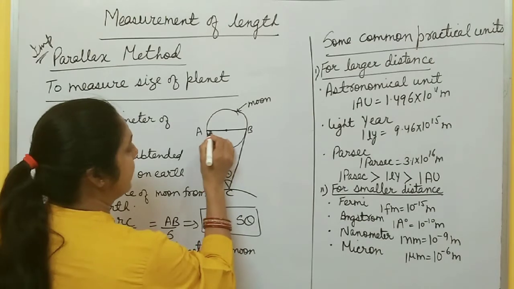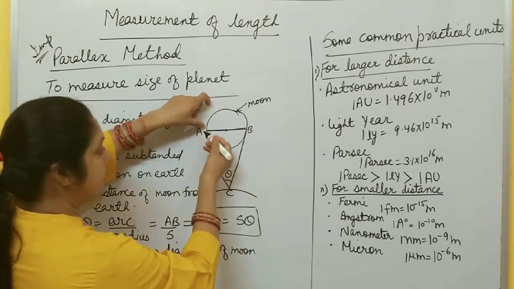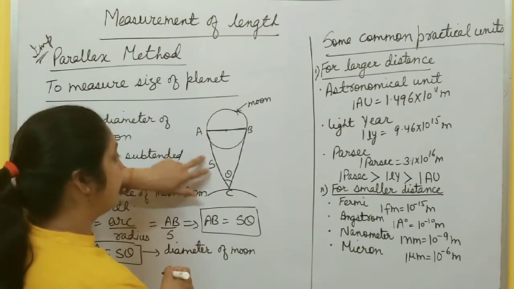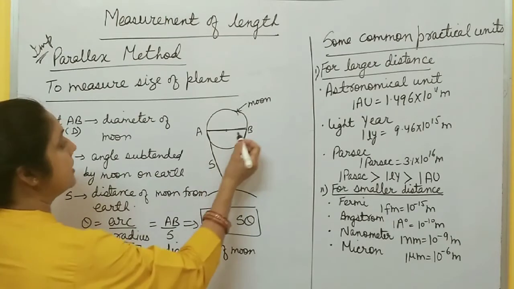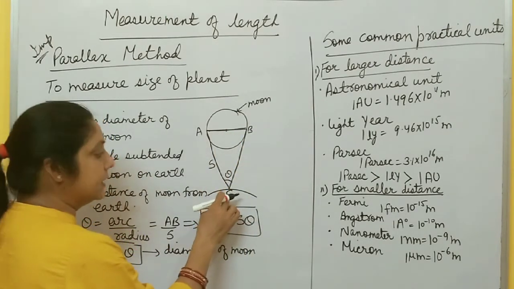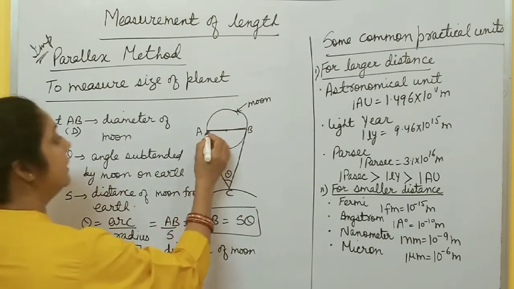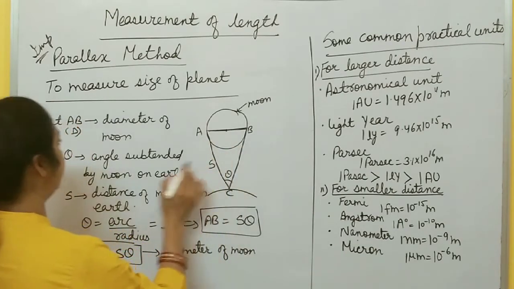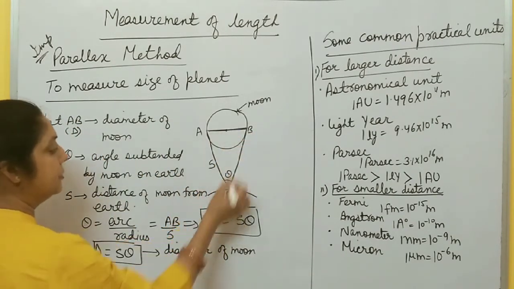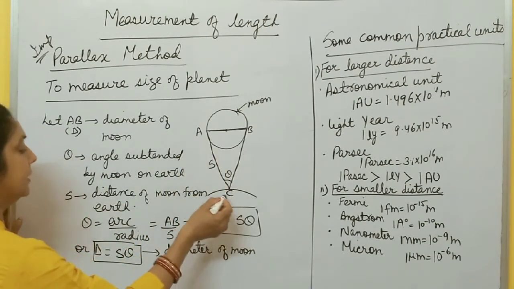So this acts as a basis right now, and this distance from the moon to the Earth's surface is S. And you know this diameter of the moon makes an angle theta with the Earth's surface. If you know all these things, you can easily determine the diameter of the moon AB. So here AB is the diameter of the moon, theta is the angle subtended by the moon on the Earth's surface, and S is the distance of the moon from the Earth.